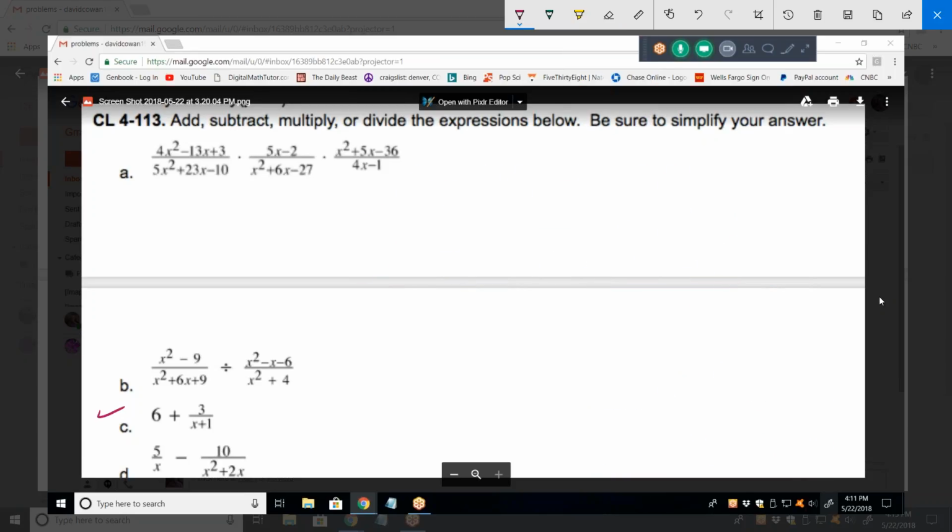Now let's add number C. How do we do this? How do you add fractions? That's what you want to ask yourself. This is actually 2 fractions. There's the first one.